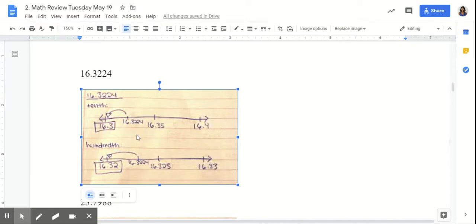After that, I am then going to again plot my number based off of the number that's in my thousandths place because this is where it will be helping me figure out if I'm going to be rounding lower or higher. In this case, I'm rounding again to 16 and 32 hundredths, and I'm going to round to the nearest hundredth for this place, which is here.